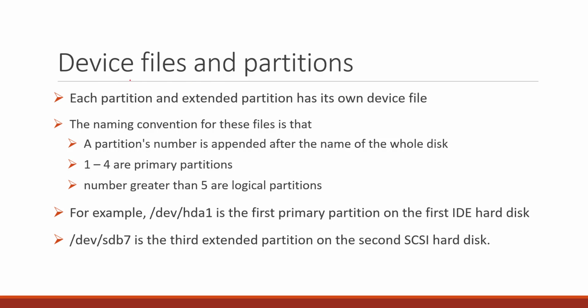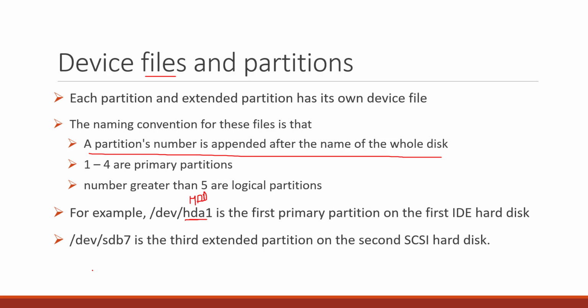Now, as I said, for Linux at least, every hardware in Linux is considered as a file. And this slide is more about the conventions we normally use in Linux at least. So what is happening normally is the partition number is appended after the name of the whole disk. For example, if you are using hard drives, HDD, then you normally use the HDA convention.